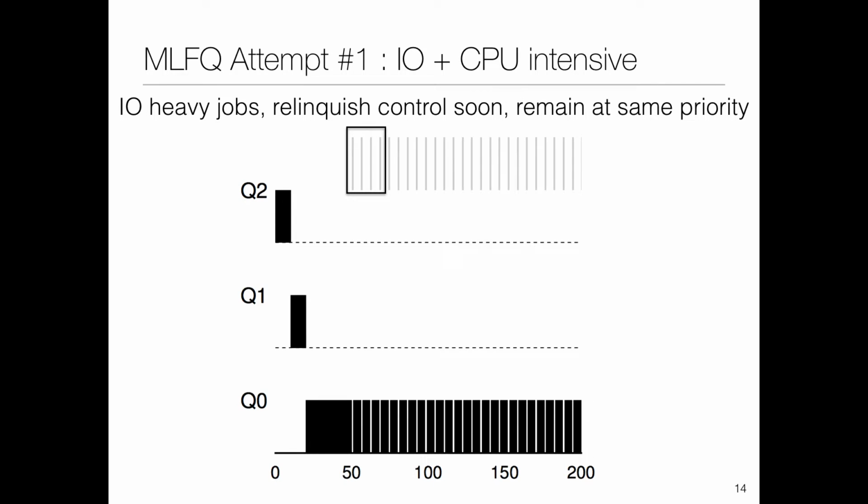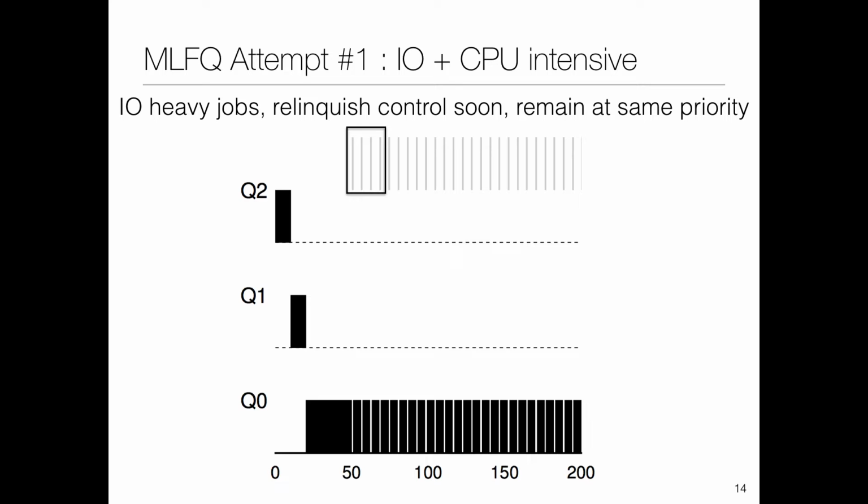Okay, so let's look at the case where we have input-output plus some CPU-intensive job. We have a process shown in black, which is very CPU-intensive, runs for 10 units on Q2, is demoted to Q1, runs again for 10 units, is demoted again to Q0, and keeps on running. But then there is a process shown in gray, which is very input-output intensive. It runs on the CPU for a very thin duration, gives up the CPU, and accesses the disk.